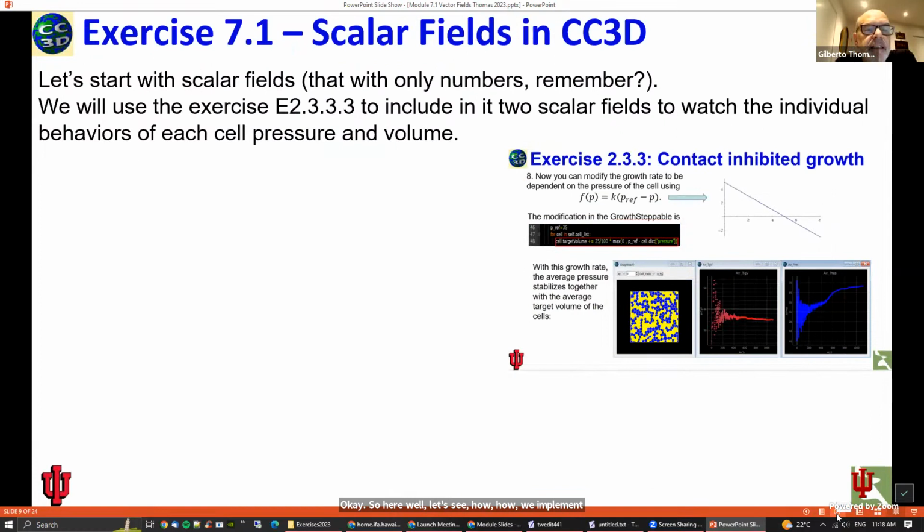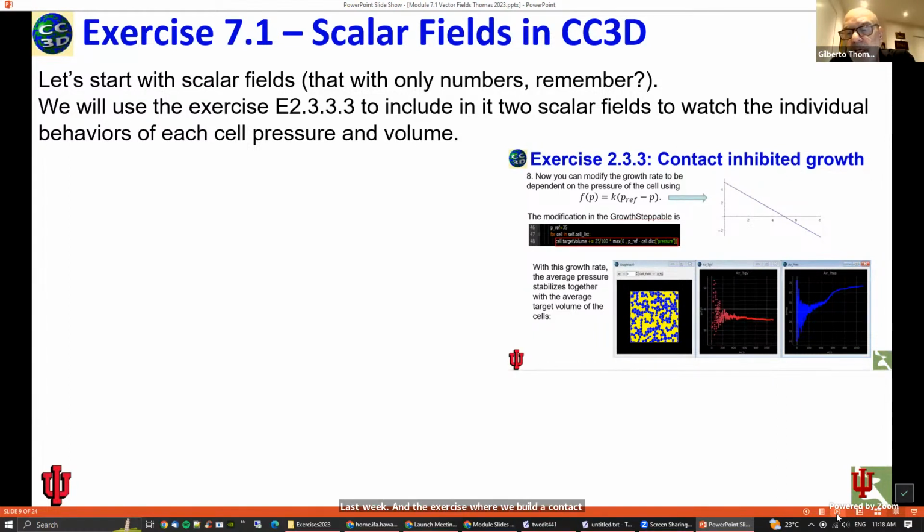The first exercise, you can download it from the student's materials, the exercise 7.1, or you can do it by yourself using the previous exercise. I did it at the lecture in module 2.3 last week. The exercise where we build a contact inhibition growth.